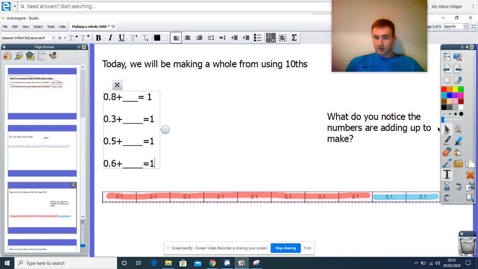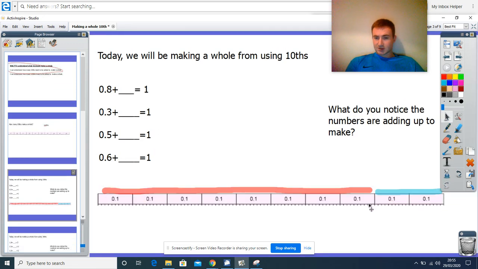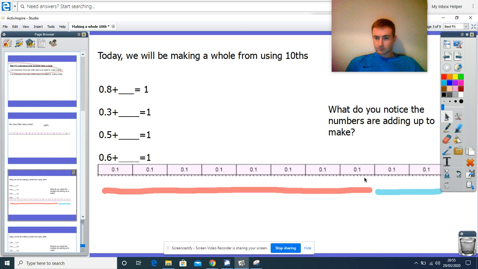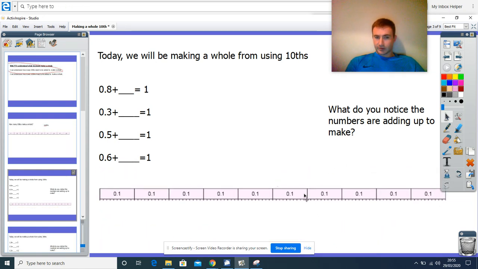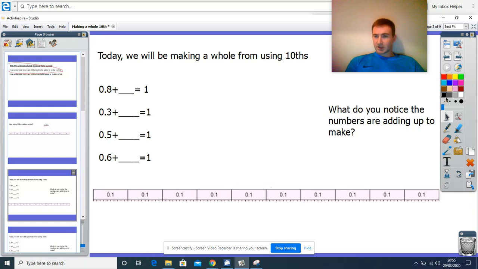Let's have a look at another one. So we've got 0.3 plus something equals 1. So I've got 0.3. Have a little think about this now. Plus something equals 1.